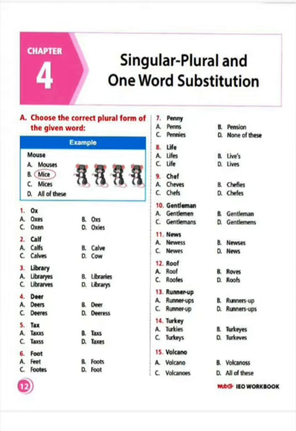So same way we will start. Number 1, ox. Your correct plural for ox is C, oxen.